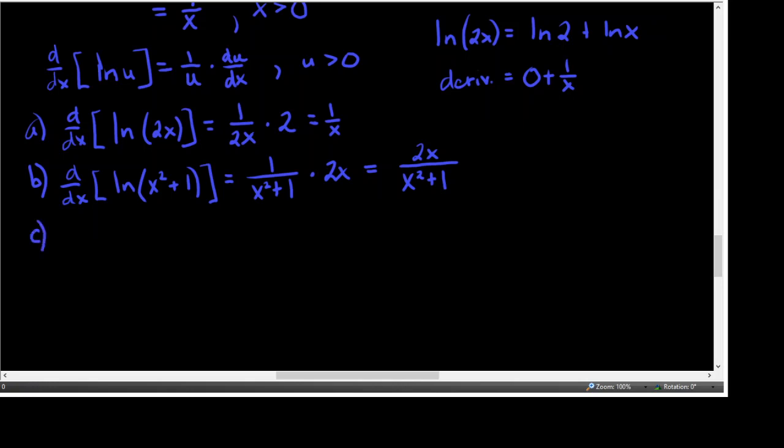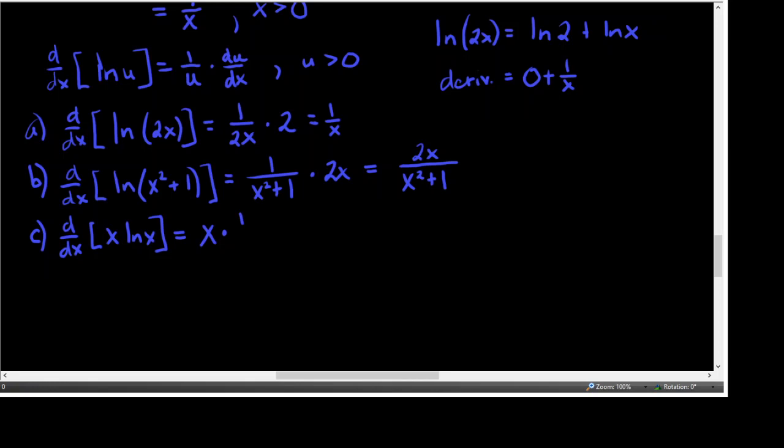Okay, C, the derivative of a product like x natural log of x. Well, of course, this is a product rule that we're going to have to use, because we have a product of x times ln of x. So this will be the first function x times the derivative of the second function.